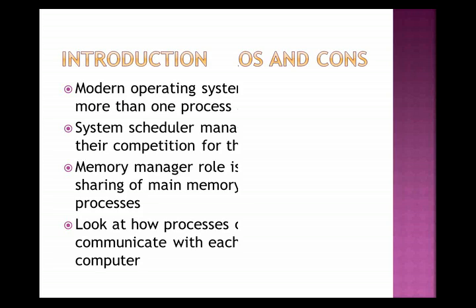In the same way, it is the role of the system scheduler to manage the processes and their competition for the CPU. Then it is the role of the memory manager to manage the sharing of the main memory between the active processes.